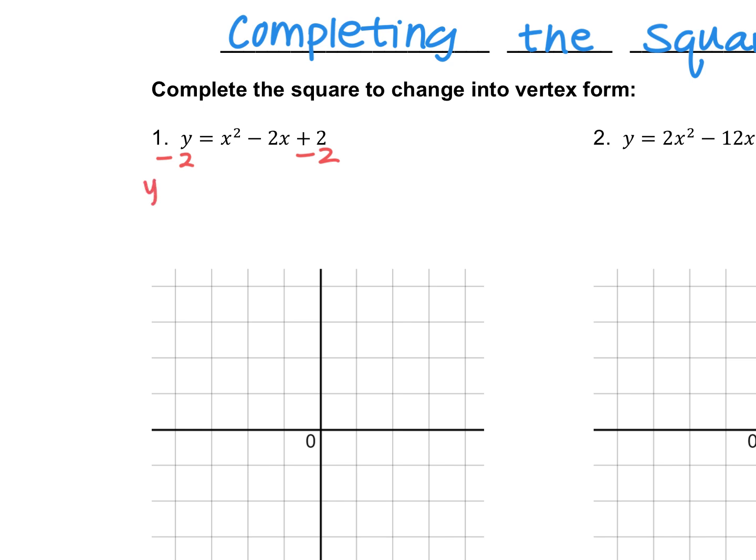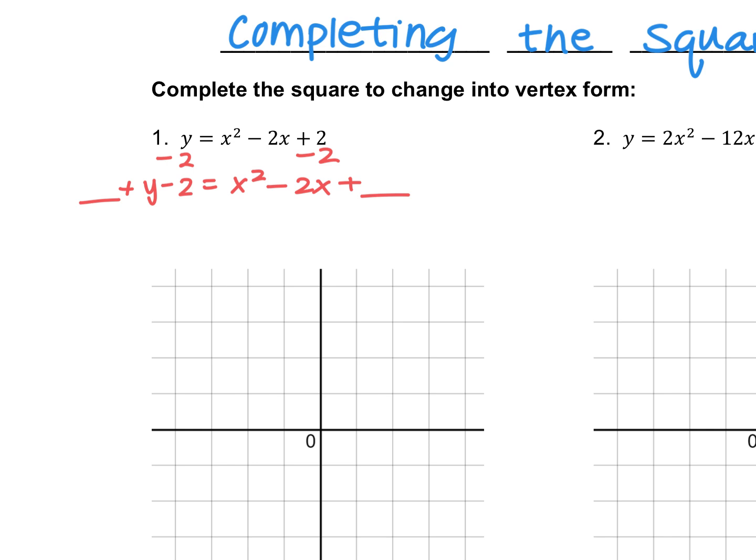So we're going to have y minus 2 equals x squared minus 2x plus blank, and then we have a plus blank over here. Normally we would have -2 equals because it would be equal to 0 and we would subtract 2 from it. But since we're just rearranging the problem, that y is going to stay there.